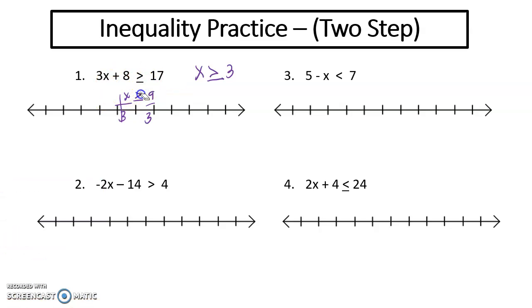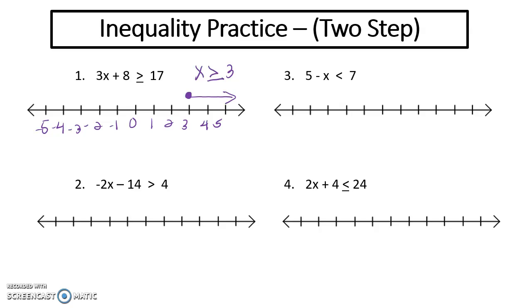I'll erase my work here so I can graph. So 0, 1, 2, 3, 4, 5, and negatives going the other way. I need to go to positive 3 and put a closed circle because it's or equal to, and it's greater than, so it goes this way.